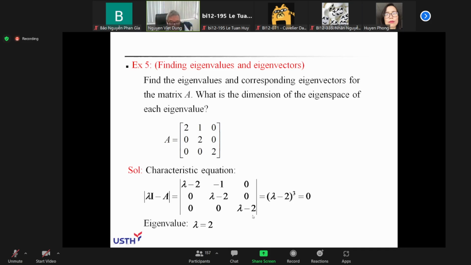Why is that? Because that solution of the characteristic polynomial is counted 3 times. Here you have lambda minus 2 multiplied by lambda minus 2 multiplied by lambda minus 2. It means that the number 2 is counted 3 times.